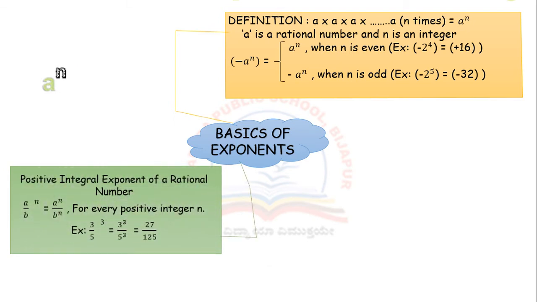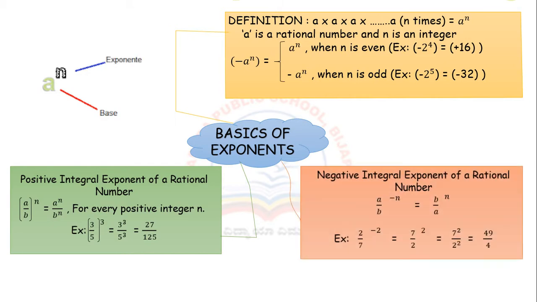Positive integral exponent of a rational number. A by b to the power n is equal to a to the power n divided by b to the power n for every positive integer n. Example, 3 by 5 to the power 3 is equal to 3 to the power 3 divided by 5 to the power 3, that is equal to 27 by 125.